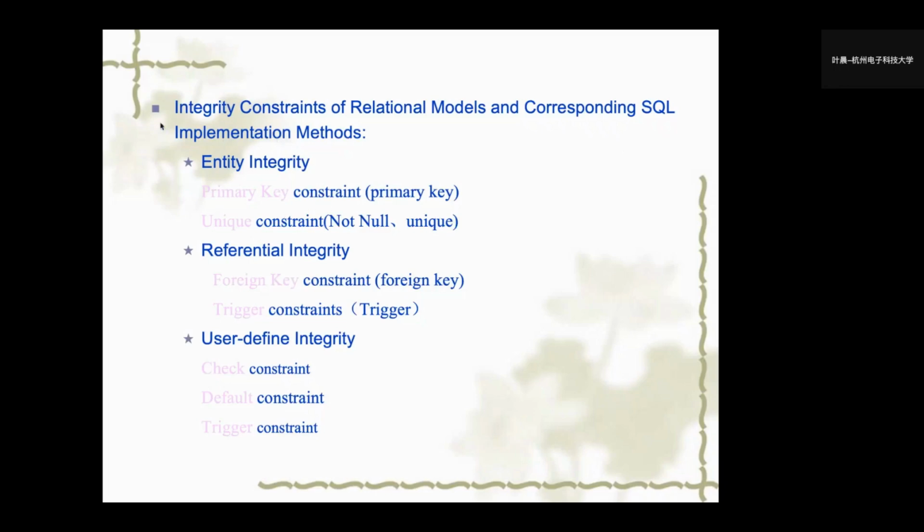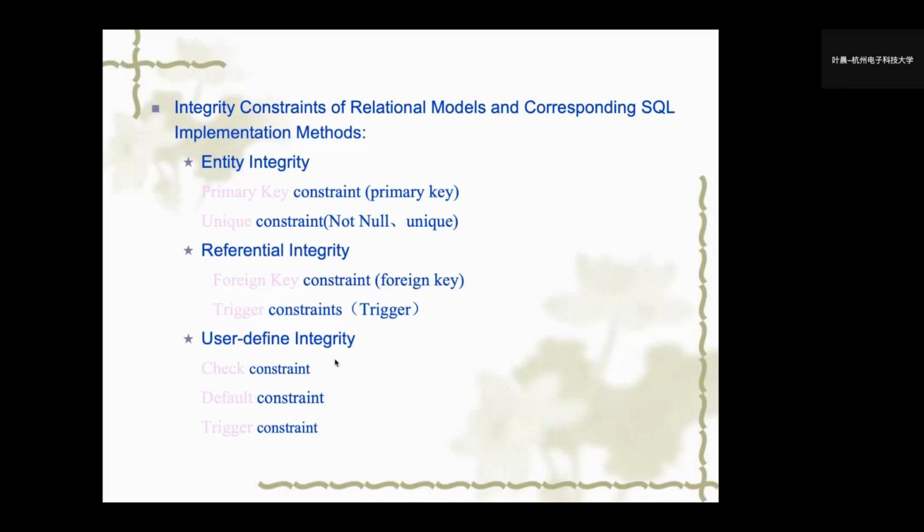We can see that unique is a kind of constraint which makes the data in the column not duplicate. For the referential integrity, we can add foreign key constraints, and we can use trigger constraints.